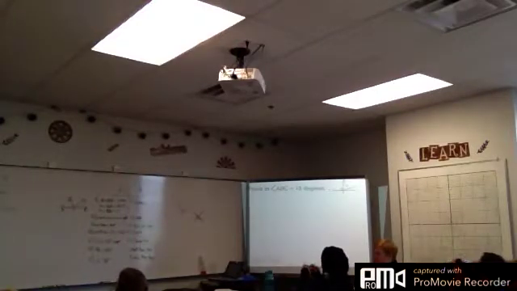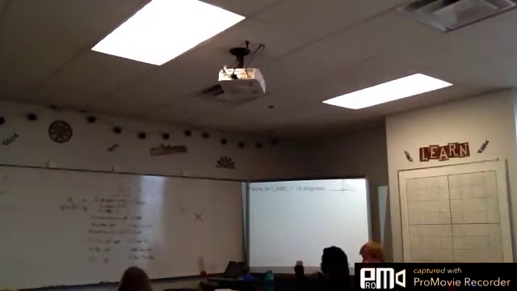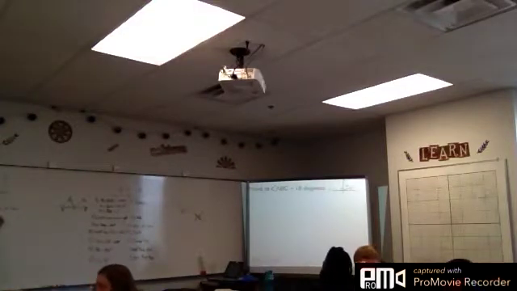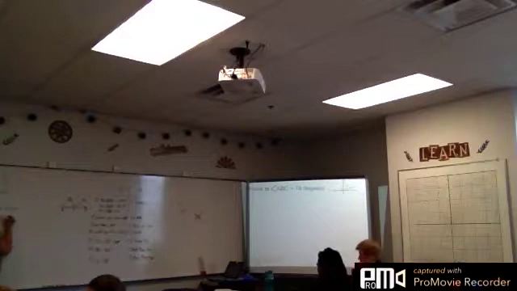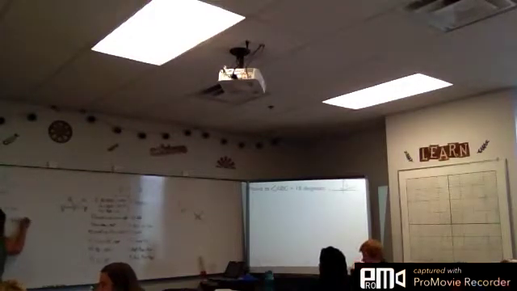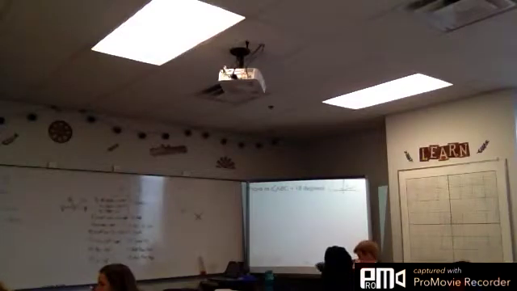Okay, third, what do I do? The measure of angle ABC plus the measure of angle CBD plus the measure of angle DBE equals the measure of angle EBA. And that is the angle addition postulate. Now what? Substitution.